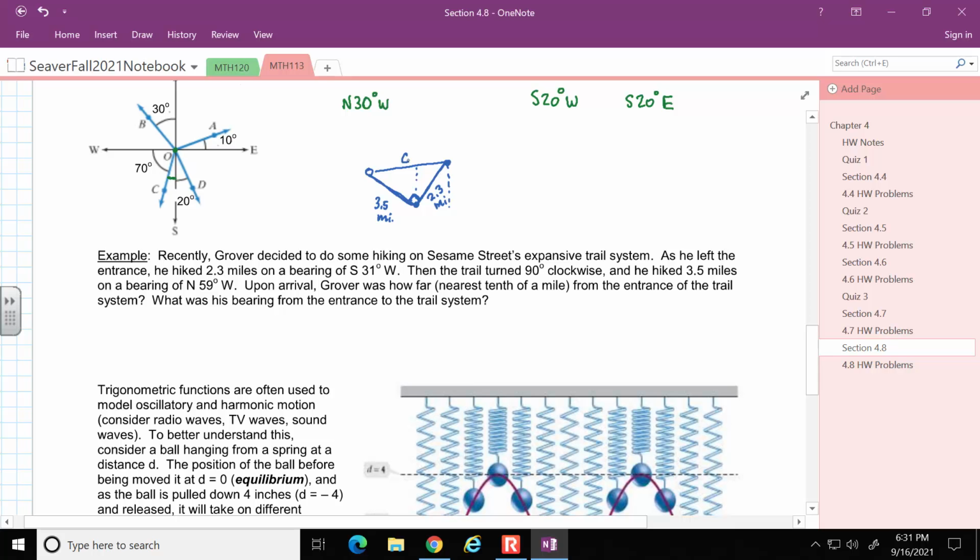So I guess the first question is how far. So we'll call that C, because this is a right triangle. And I can set that up. How would you set that up? How would you find the length of C? So C squared would equal 3.5 squared plus 2.3 squared.